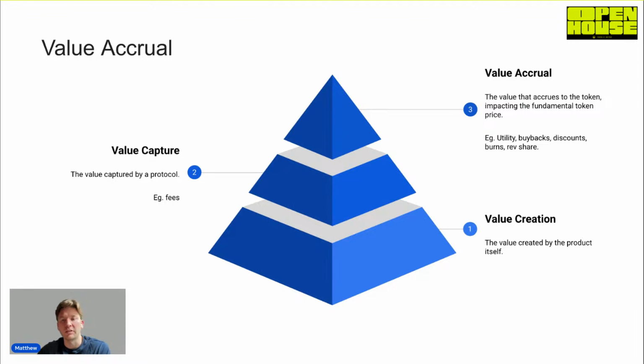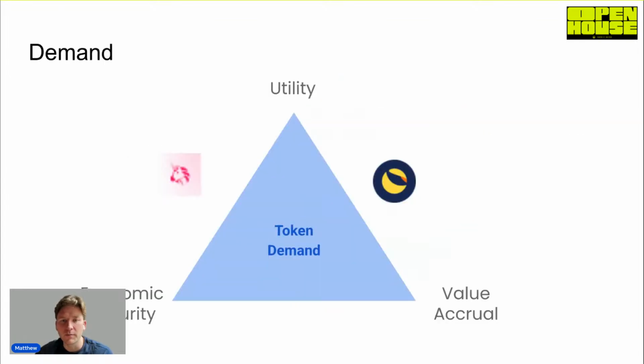And that could be through its utility, buybacks, discounts, revenue share, and governance is always an aspect, but I wouldn't say utility just by itself. And so when we're looking at value accrual, utility, and economic security, I would say we often find ourselves in a trilemma between economic security, utility, and value accrual.